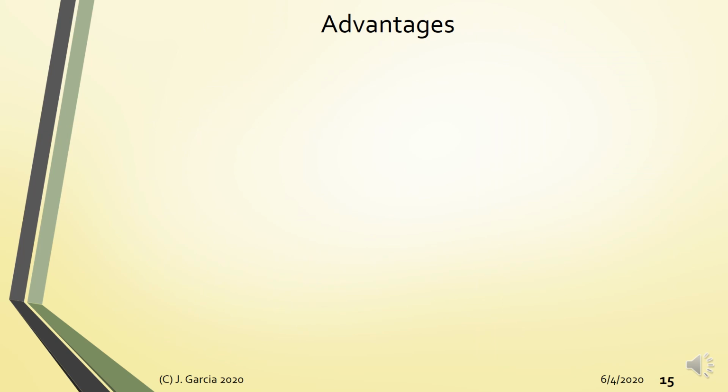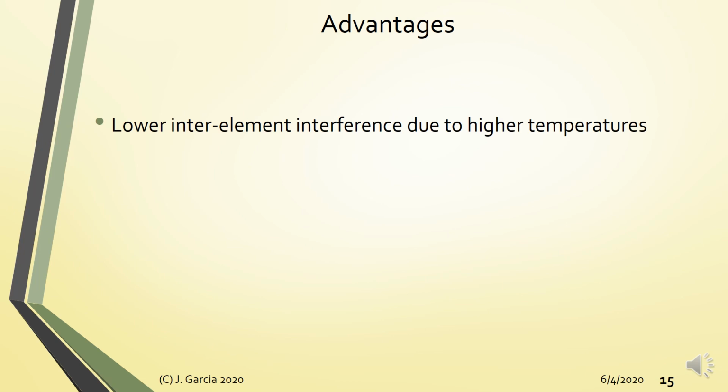So what are the advantages of your plasma or arc and spark methods? First, you have very low inter-element interferences. Why? Because with plasma or electrical spark, you are already using very high atomization temperatures. So you no longer have interference such as in AAS.